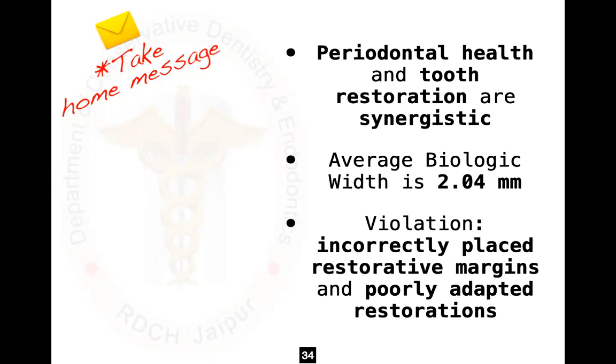Average biologic width is 2.04 mm that I already discussed. If you place the restorative margins incorrectly, or adapt the restoration poorly, it will eventually lead to bone loss, recession, and violate your biologic width, right?